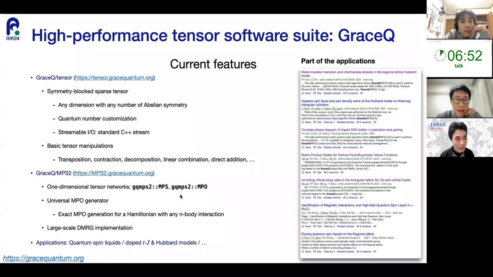In our study we didn't use PEPS, for example, so we didn't implement them. But actually, you can use the GraceQ tensor to implement such tensor networks conveniently. Okay, thank you very much.